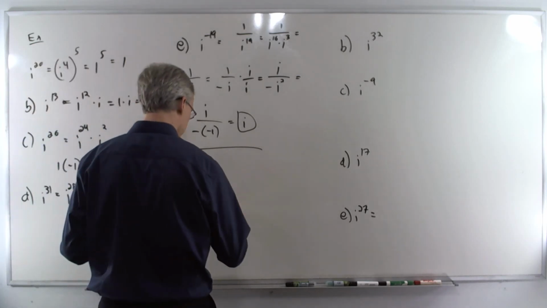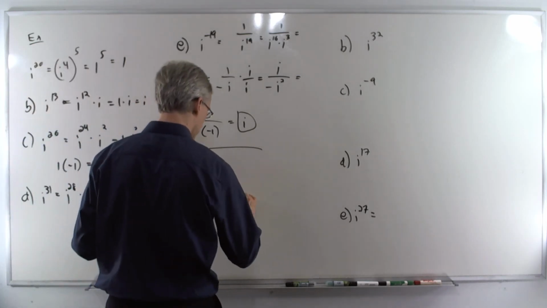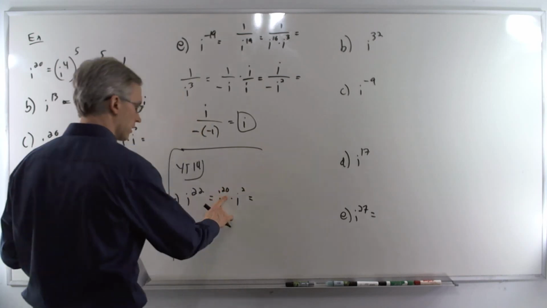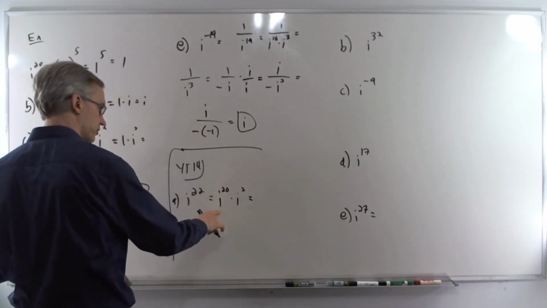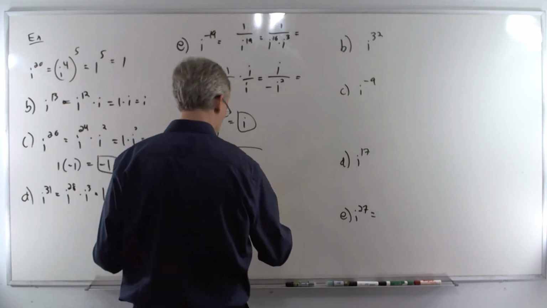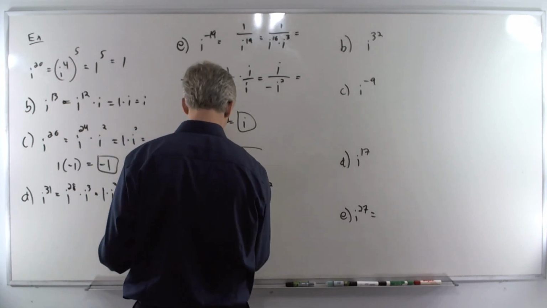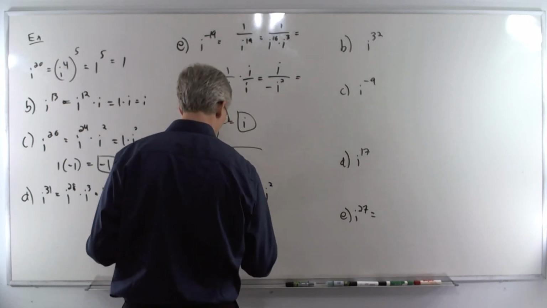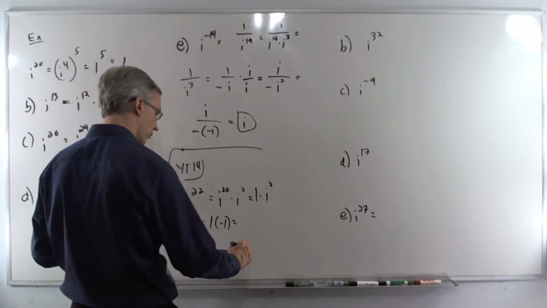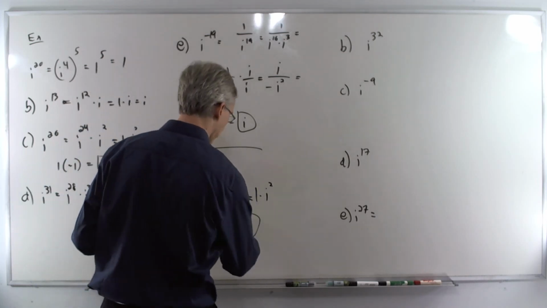We can break that up into i to the 20th times i squared. 20 is a multiple of 4, so this turns into 1. So that gives us 1 times i squared. i squared is negative 1. 1 times negative 1 is negative 1.